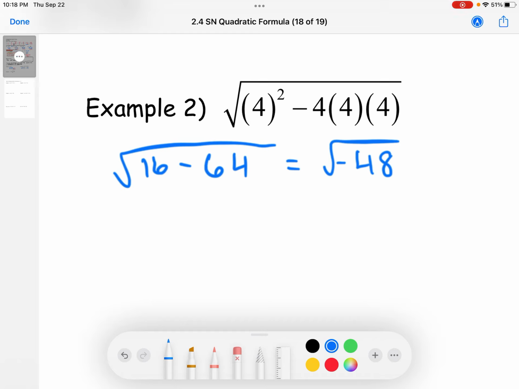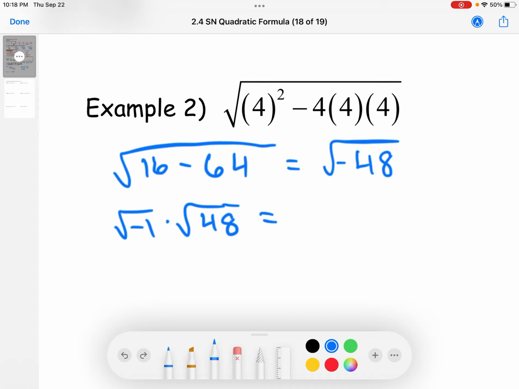Now, when we factor this, we need to factor out the square root of -1 times square root of 48. Now, to simplify this, again, we need a perfect square factor that divides into this 48.